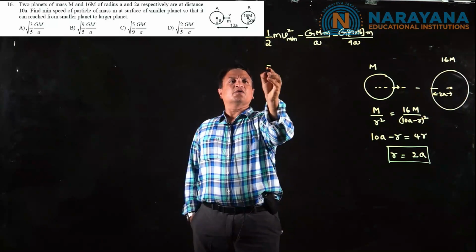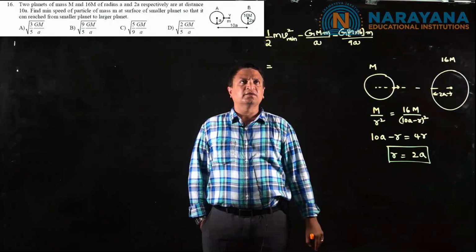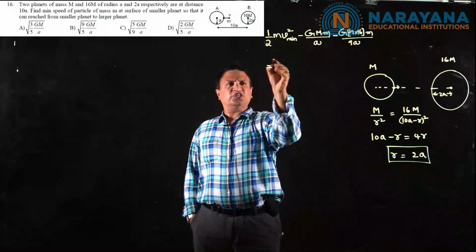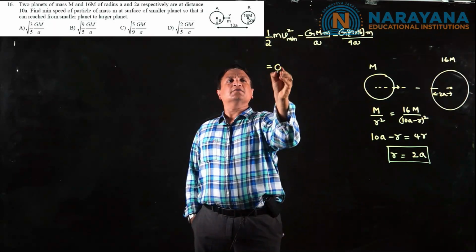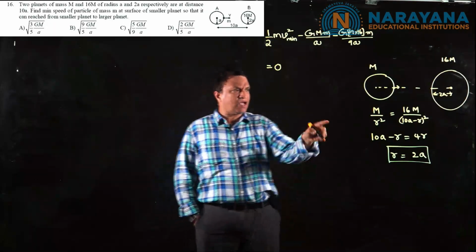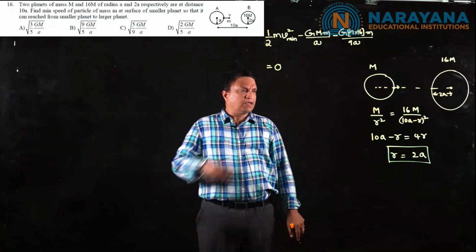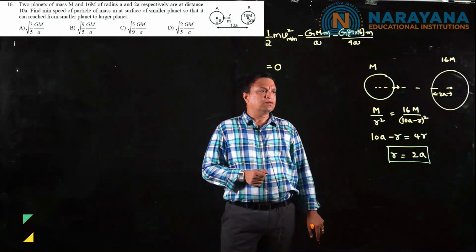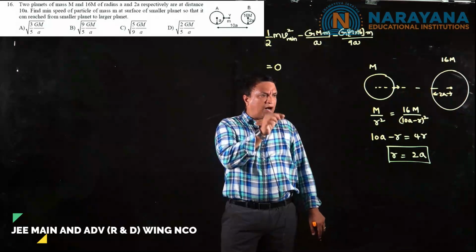And this is equal to, just comes to rest at that point, 0. And in this, what have you proved? In this you have proved that r is 2a.